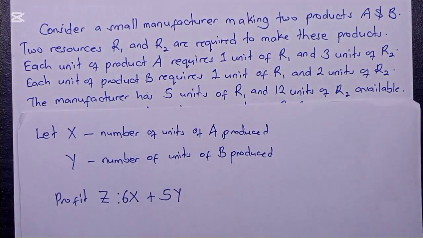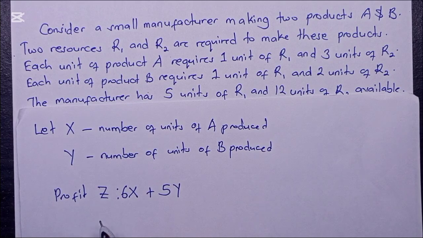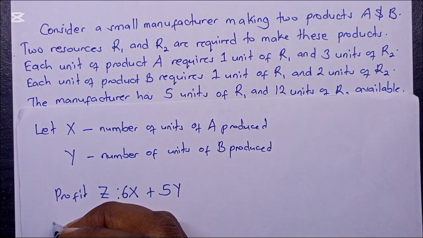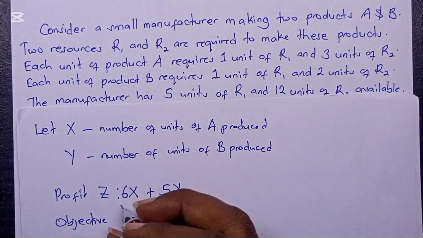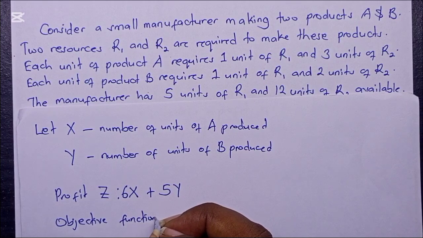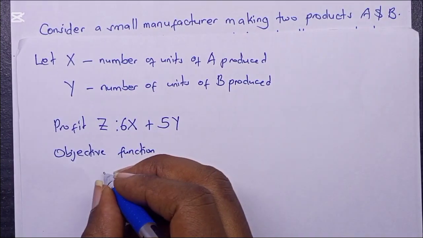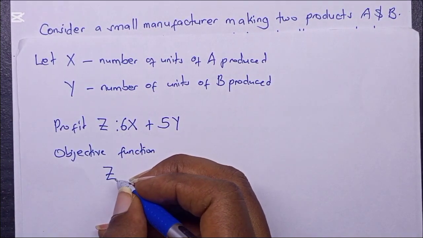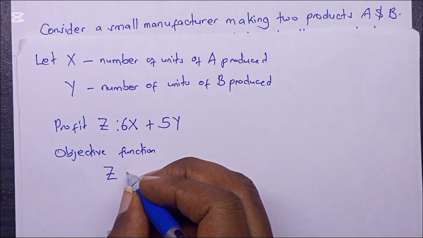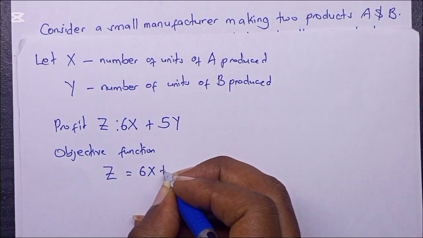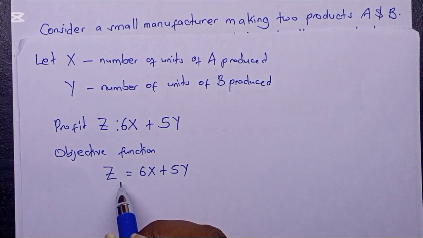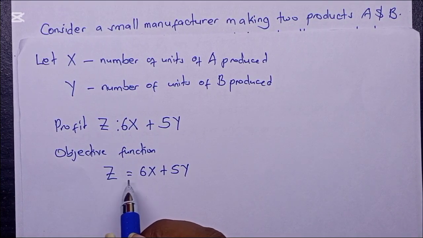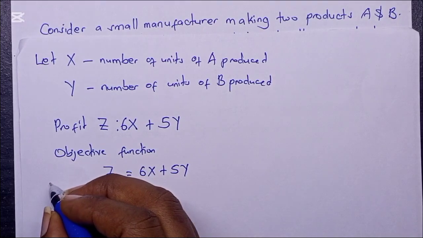So that means the manufacturer's objective is to maximize profit. So the objective function is z equals 6x plus 5y. But remember, he wants to maximize the profit, so profit z is to be maximized.